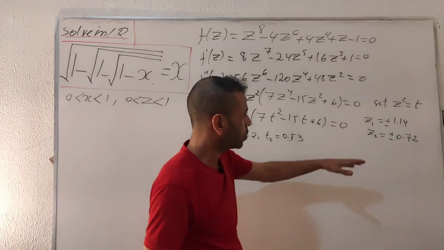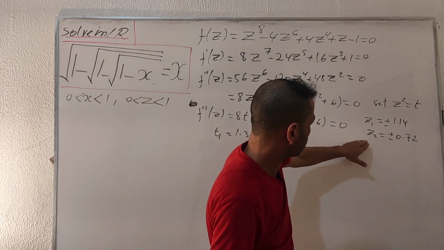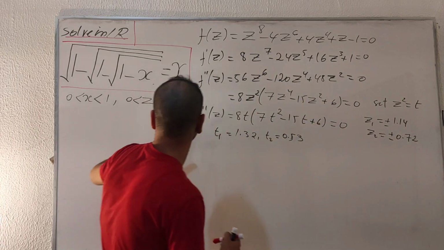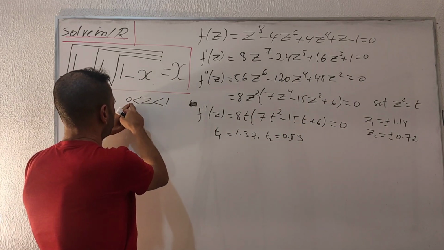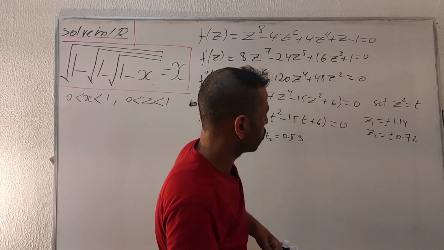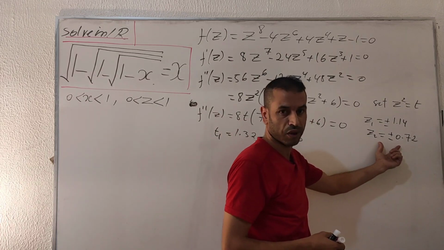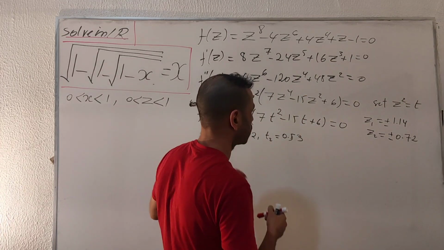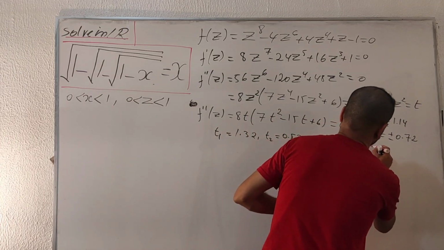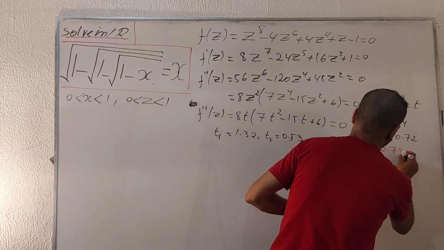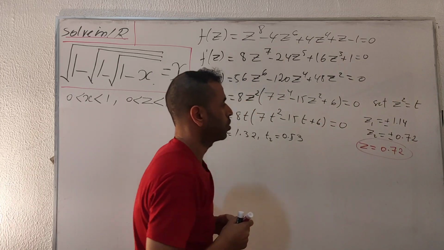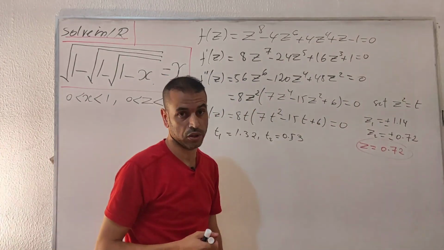We are not going to take all these values because z must lie between 0 and 1. So the only value we can take that belongs to our interval is z equals 0.72. We are going to ignore all the other solutions.